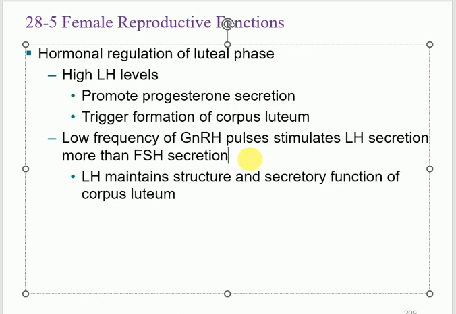And I told you guys that progesterone is pro-gestation. Gestation is pregnancy. So progesterone means pro-pregnancy. It helps pregnancy. It prepares the endometrium for pregnancy, which is the secretory phase.